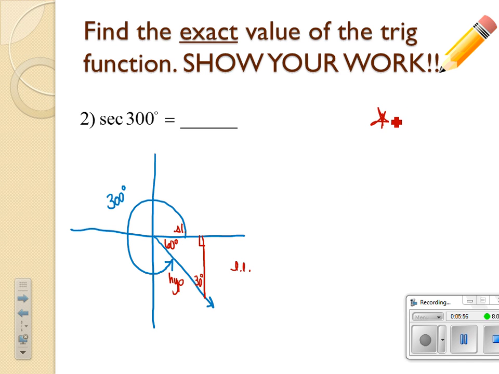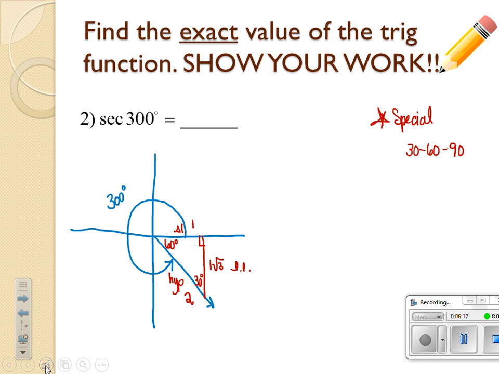And if you remember your special rules for a 30, 60, 90, this will really be helpful. So remember, we could say if the short leg is 1, the hypotenuse is double that. And if the short leg is 1, the long leg is 1 times the square root of 3.